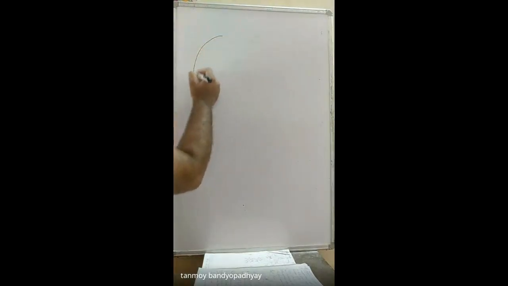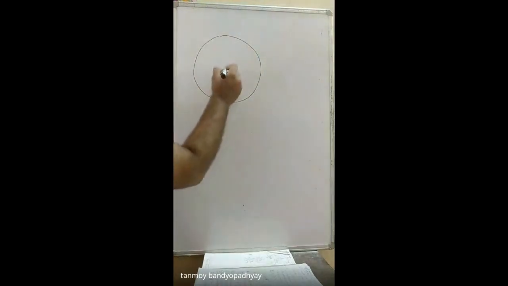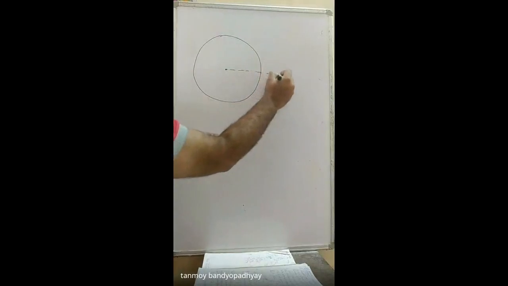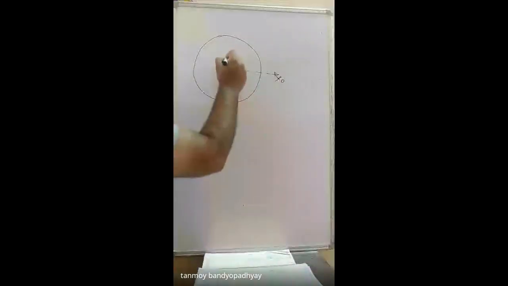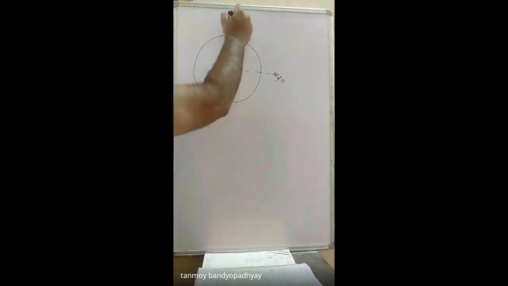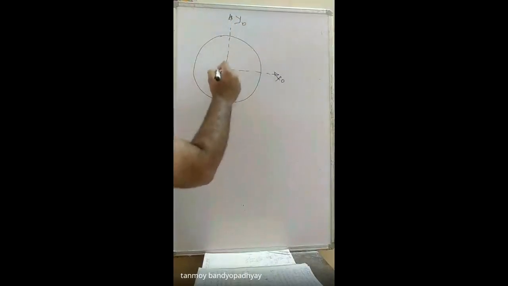Let us consider the circle. So as you can understand, for a circle the centroidal axis is always easier because the centroid of the circle lies at the center of the circle.